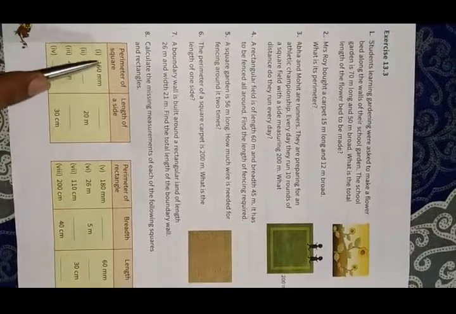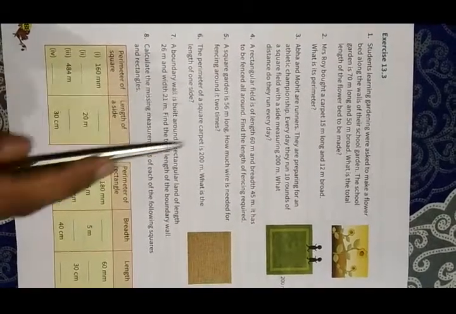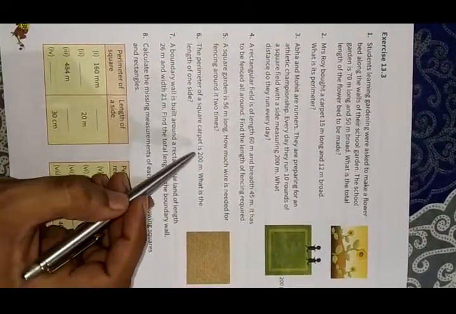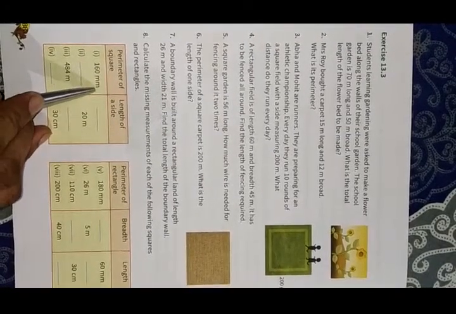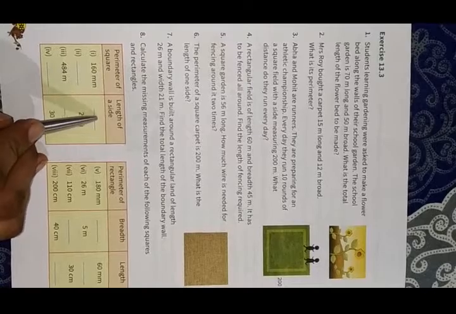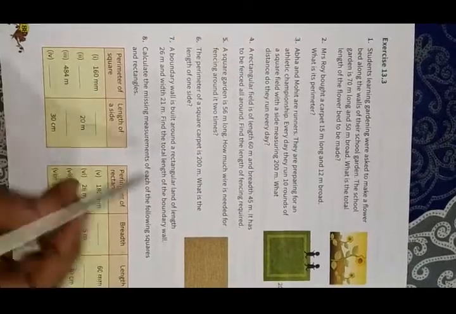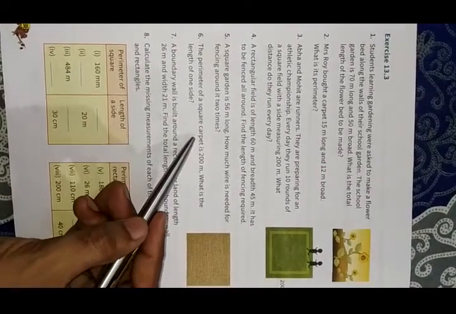Okay, the question is the same as question number 6. Here the perimeter is 200, here the perimeter is 160 millimeter and we have to find the length. The same process is used which was used in question number 6.